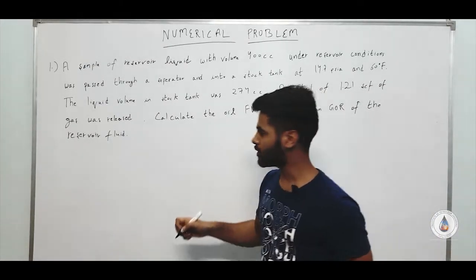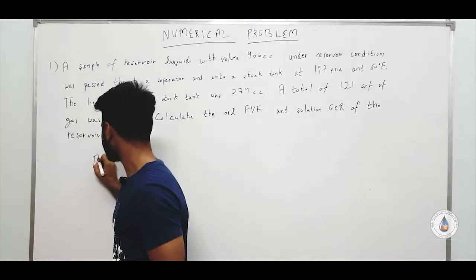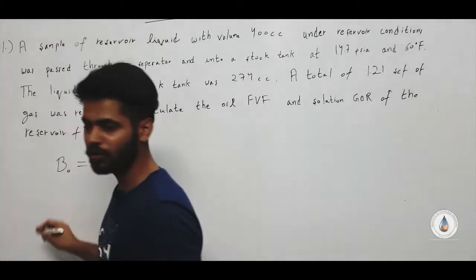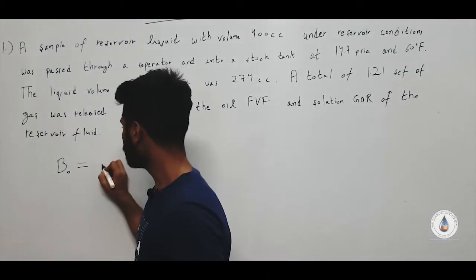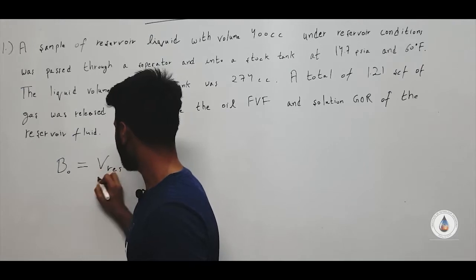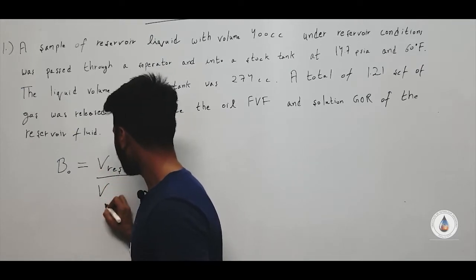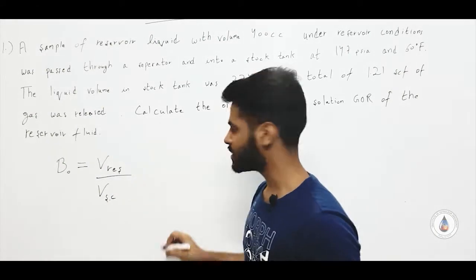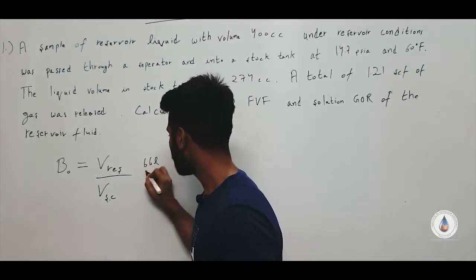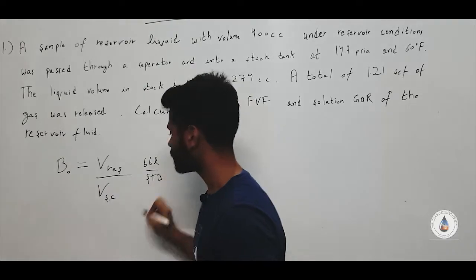So how will we do that? We have discussed in the earlier lectures that oil formation volume factor, represented by Bo, is basically volume of oil at reservoir conditions upon volume of oil at surface conditions, and the unit of this is barrel upon stock tank barrel.